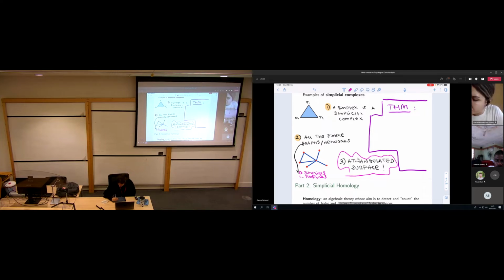space, if it is regular enough, and I don't want to say what I mean by that, but if it is nice looking enough, can be approximated, and again, I don't want to say what I mean here, but the intuitive idea is enough, as a simplicial complex.